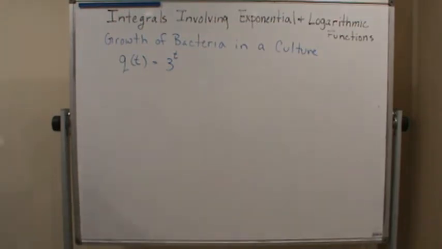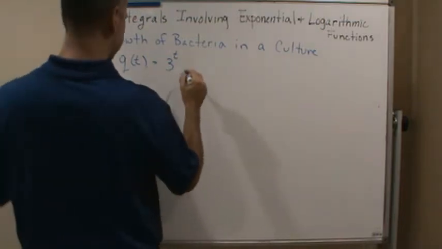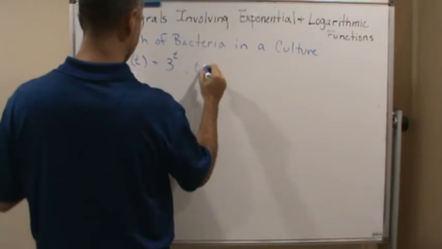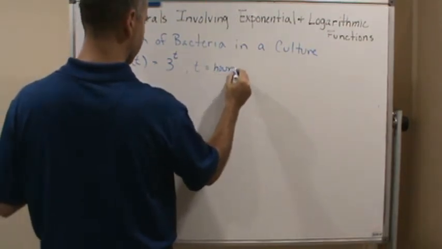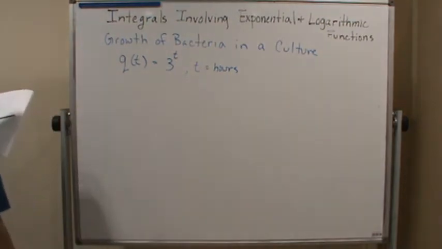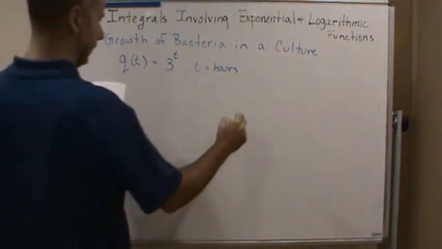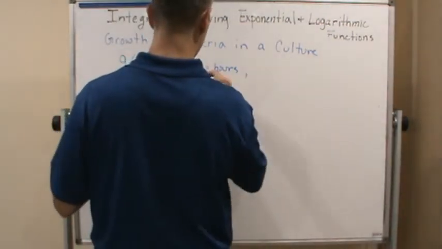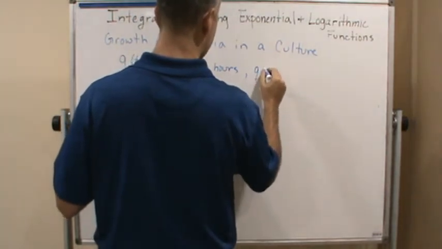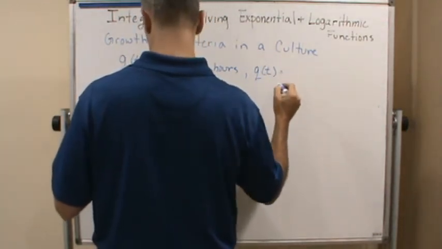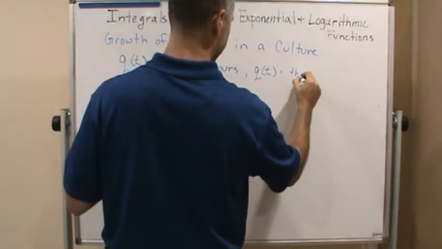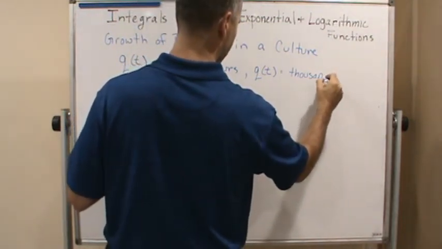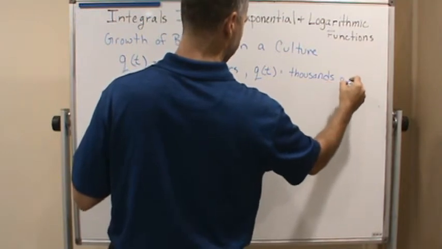That's the growth rate, where t is given in hours, and Q'(t) is given in thousands of bacteria.